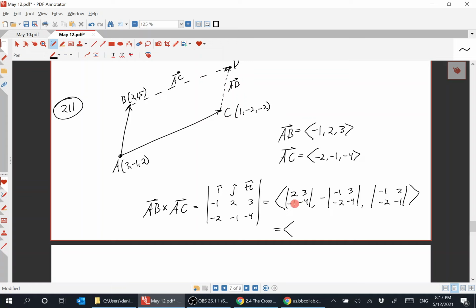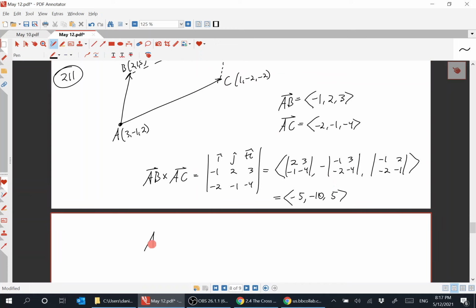So this is minus 8 plus 3. So that's minus 5. And this is going to be 4 plus 6 is 10, negated. And this is going to be 1 plus 4 is 5. So (-5, -10, 5).